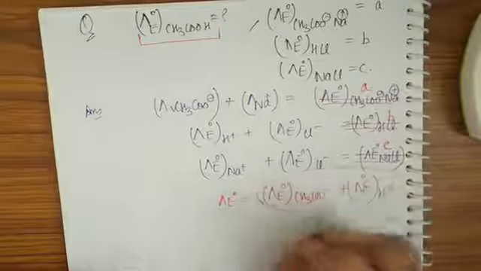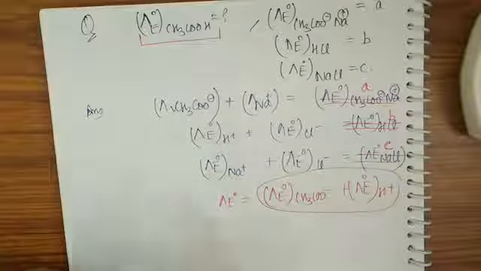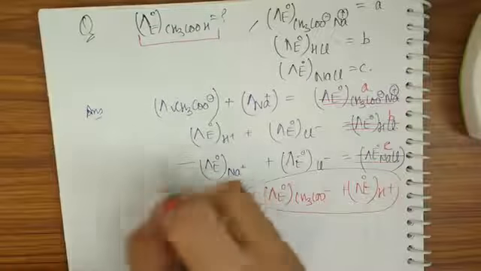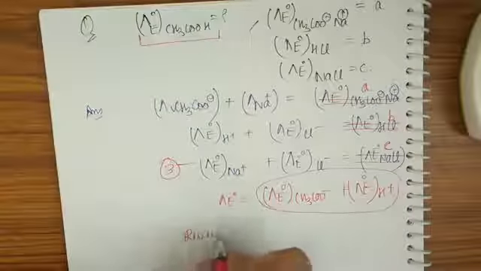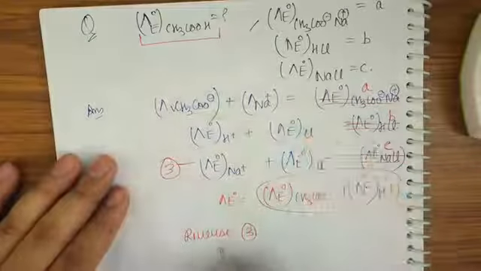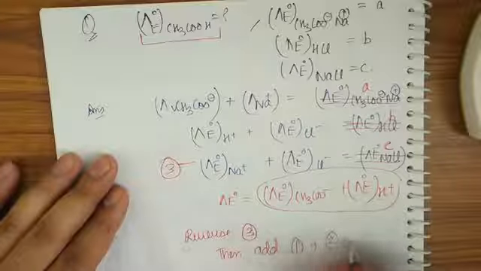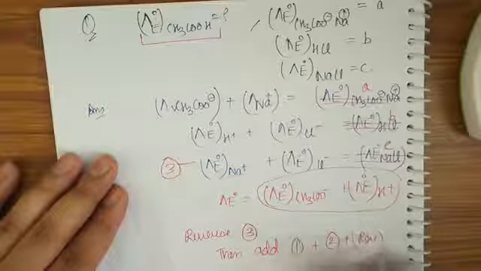So I have to derive this from these three equations. Let's reverse equation number 3, and then add 1 plus 2 plus the reverse of 3.